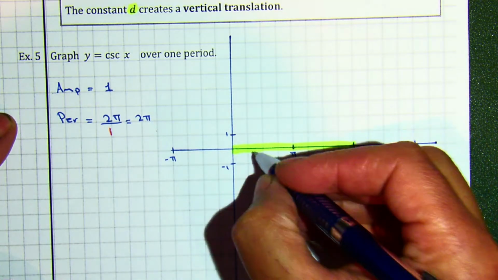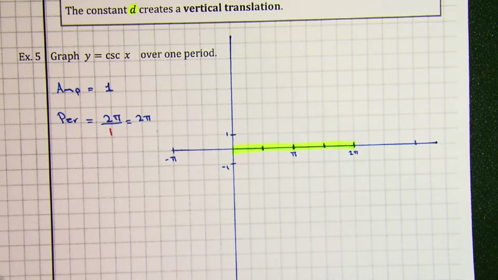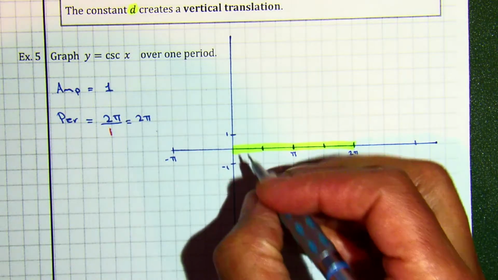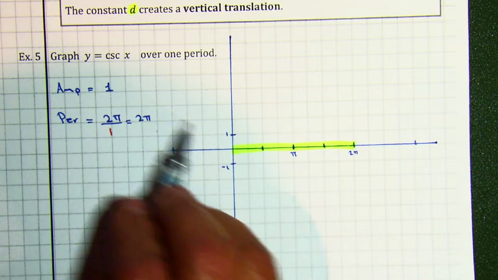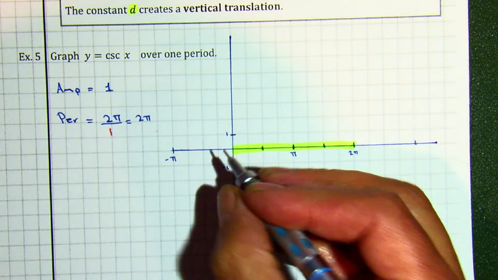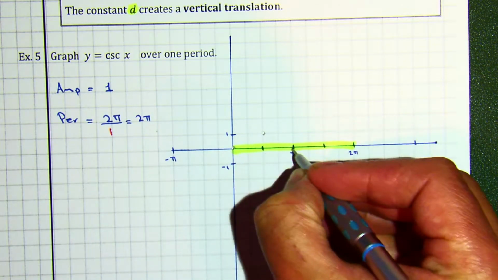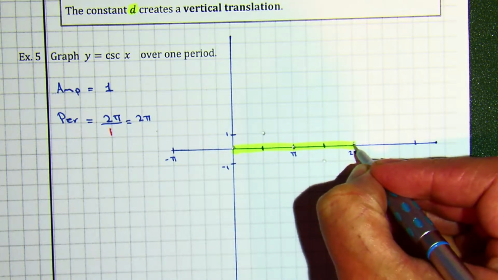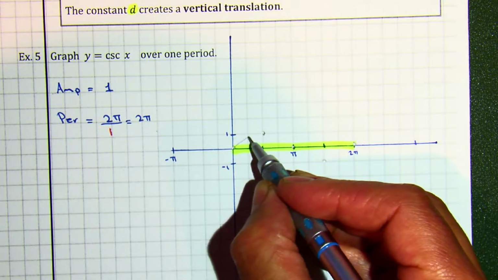When you graph this, I do want to be able to see the graph of sine along with your cosecant function. Sine starts at 0, so I'll start at 0, then go up to 1, back to 0, negative 1, and back to 0. I'm going to do a very light sketch of sine.